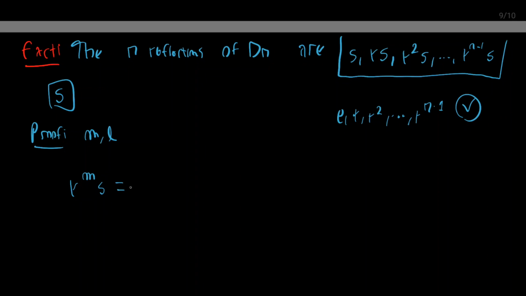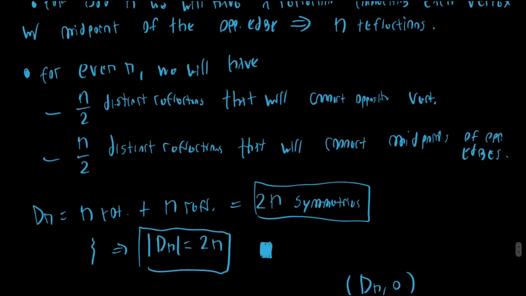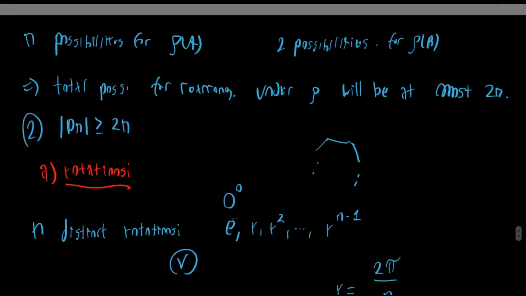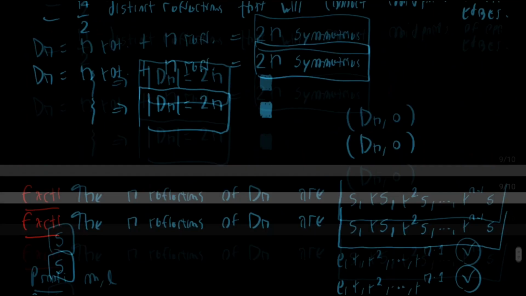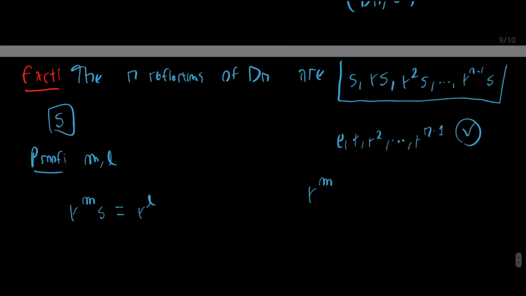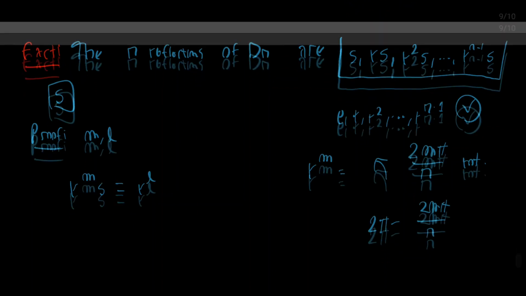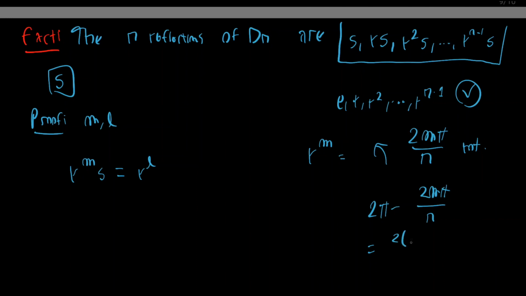Well then, if we were to suppose that this was actually a rotation, say r to the l, then from the considerations about rotations that we made above, we already know that the inverse of r to the m, a counterclockwise rotation by 2 times m times pi over n radians, is just 2 pi minus that, which is 2(n minus m) pi over n.